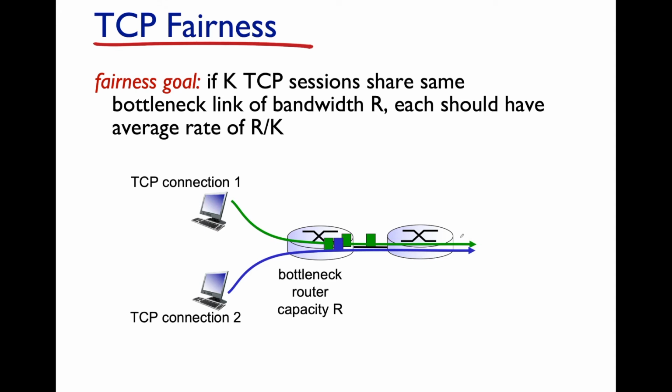If you have an arbitrary K many TCP connections, each one gets an equal share, R over K. And given this sawtooth behavior, the additive increase, multiplicative decrease, and the fast recovery, it converges onto fair sharing should these connections remain open, sending data at the same time, which is kind of neat, right?